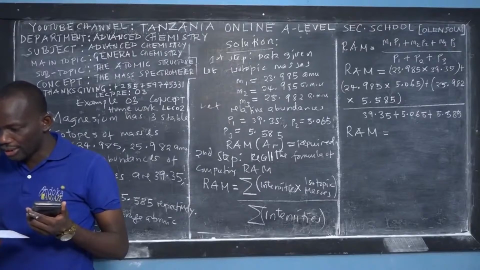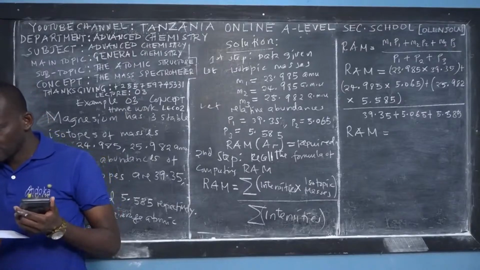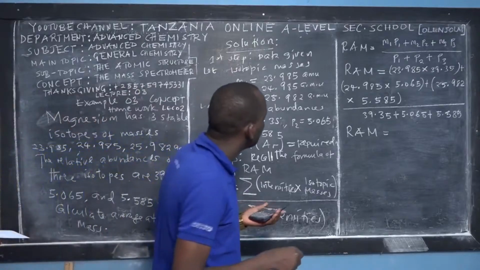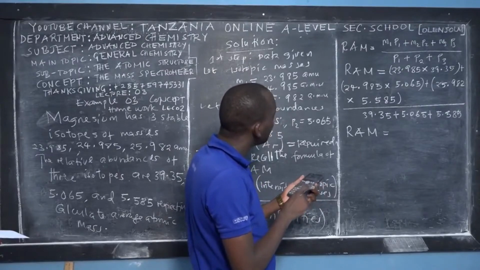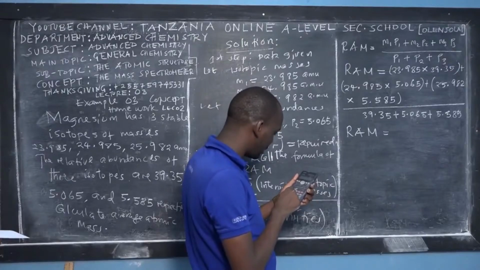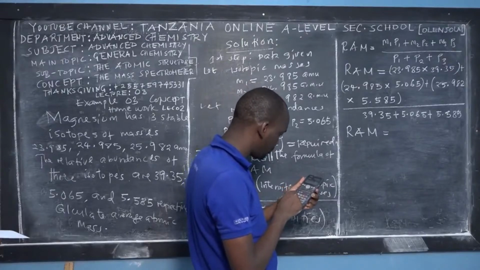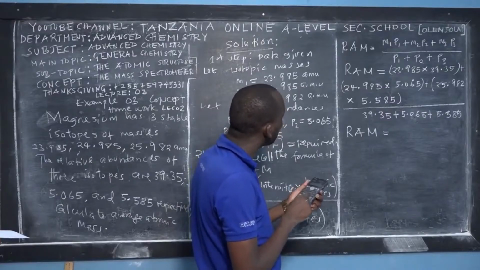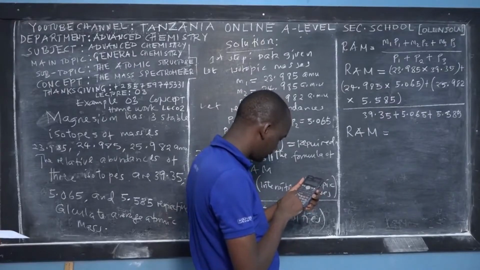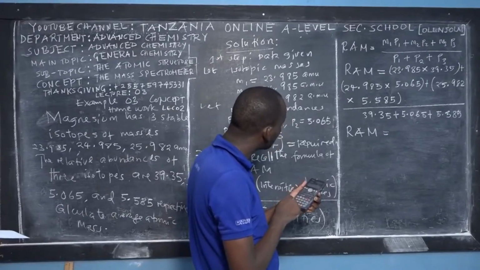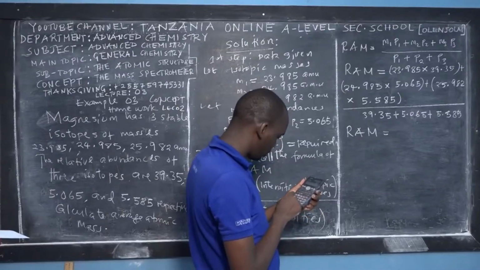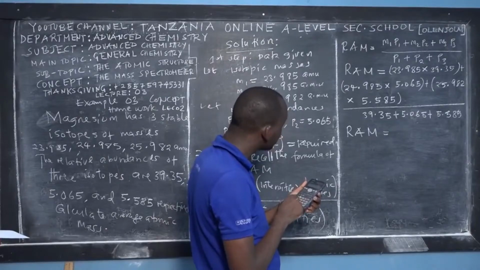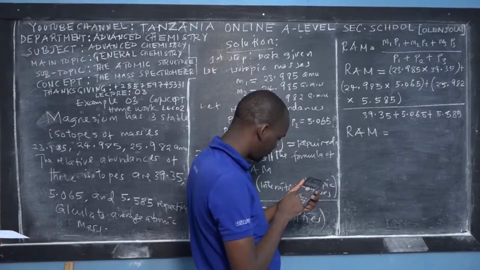And then what will you get? Let us do it together. You take 23.985 multiplied by 39.35, and then we add, in brackets, 24.985 times 5.065, and then plus 25.982 times 5.585.